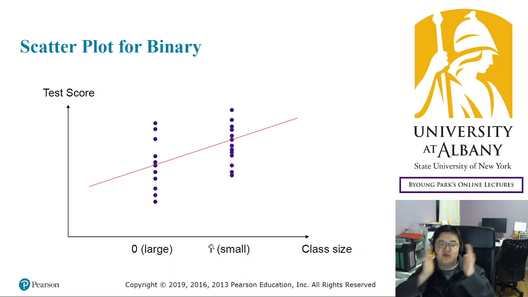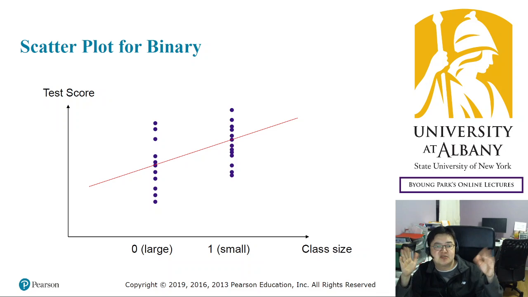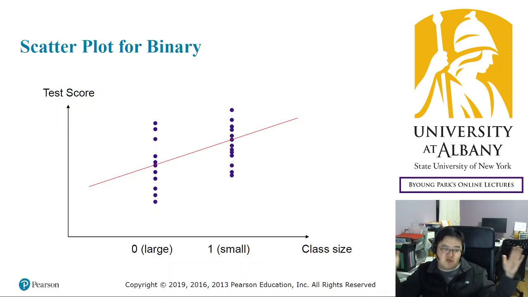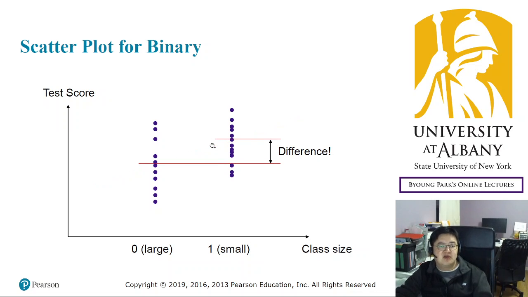So the distance between 0 and 1 could be larger, could be smaller. It could be any other numbers as long as they are different. When you change the scale and the location of those two points, the slope will change. When you widen this, the slope will be flatter, and when you narrow it down, the slope will be steeper. Anyhow, slope is not how we interpret this.